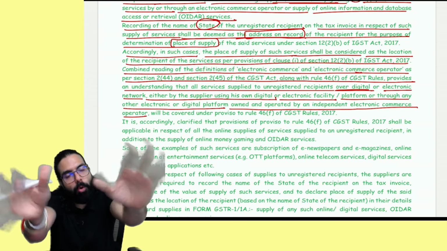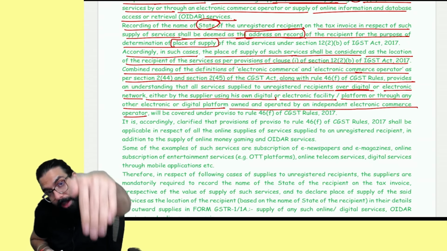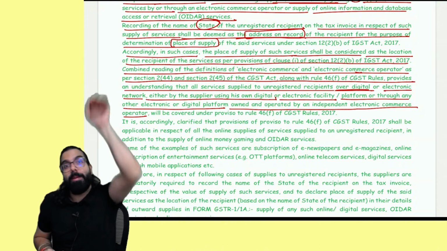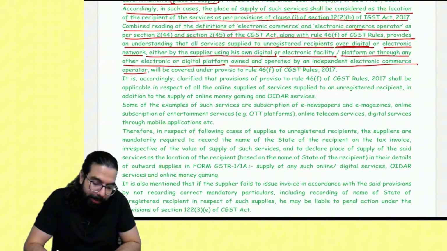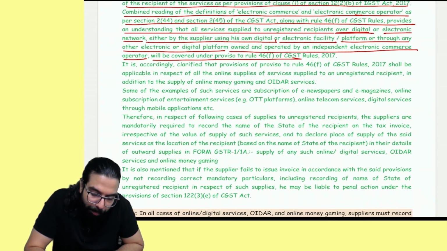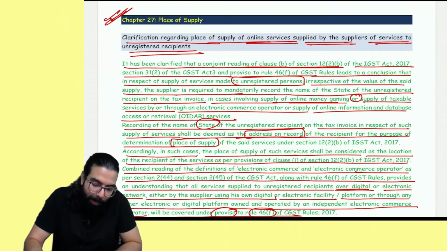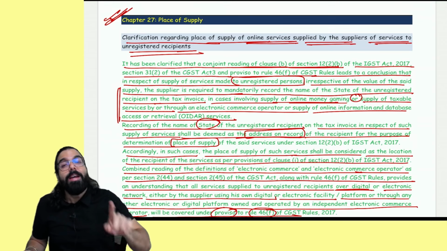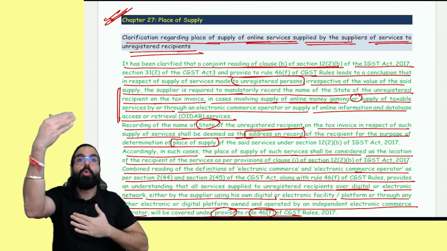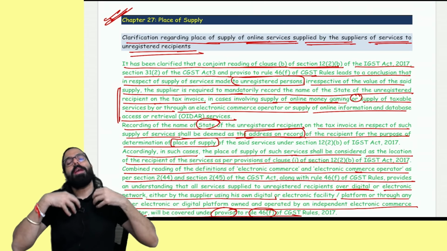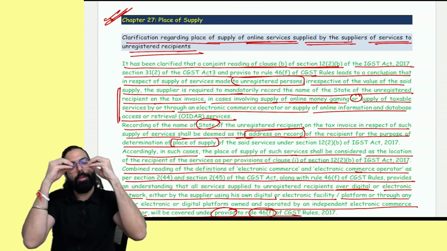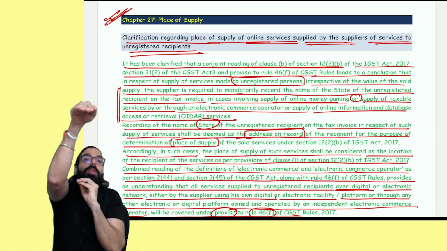Either I am supplying through my own website or through some other website, might be Flipkart, Amazon, etc.